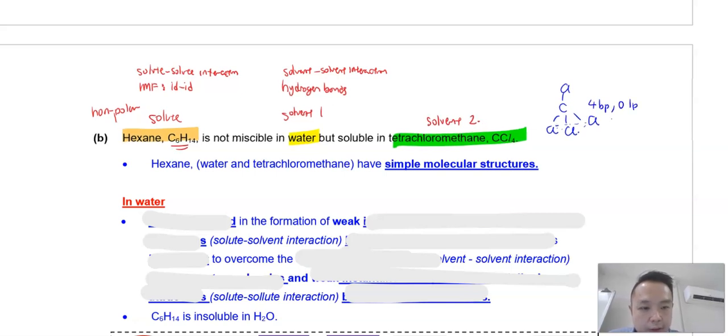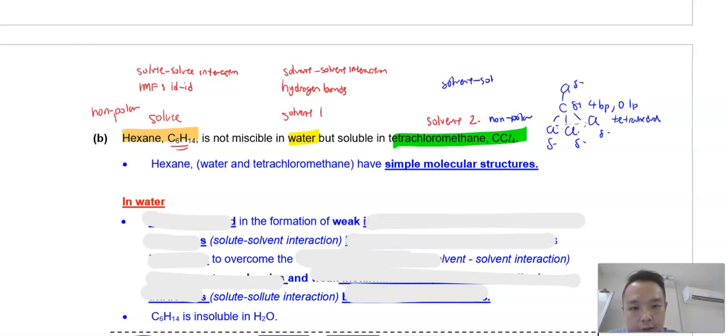One look at this, you will realize that the dipole moments can cancel out. So CCl4 is also going to be non-polar. So the solvent-solvent interaction in this case is going to be ID.